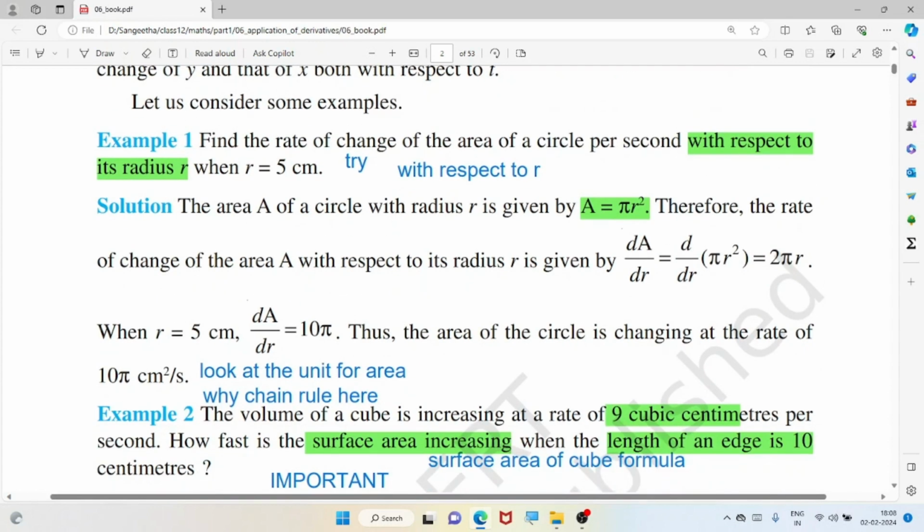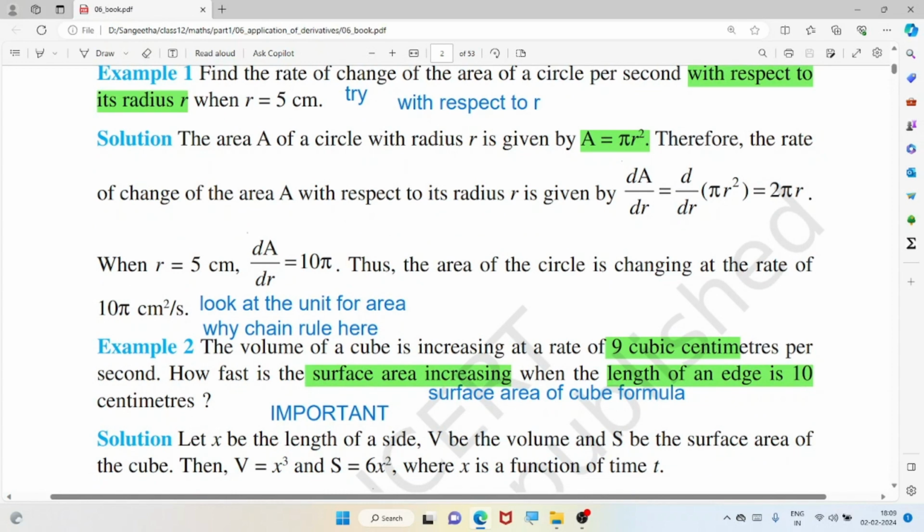So here, find the rate of change of area of the circle. You should know the area of the circle formula, pi r square. They are asking how area is changing with respect to r. So with respect to r, that is the denominator dr, and the top is dA, rate of change of area, dA by dr. You have to differentiate this area, then substitute at r equal to 5 centimeter.